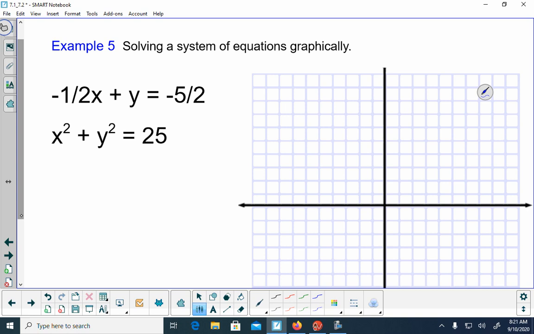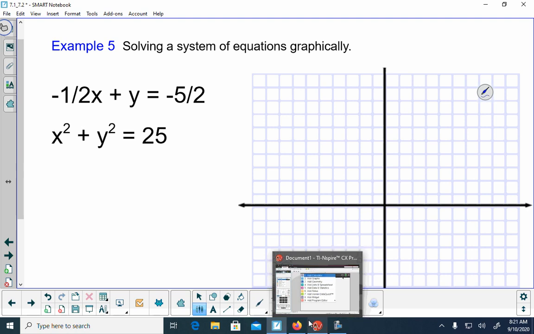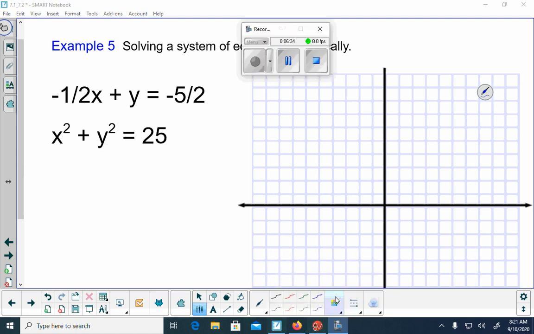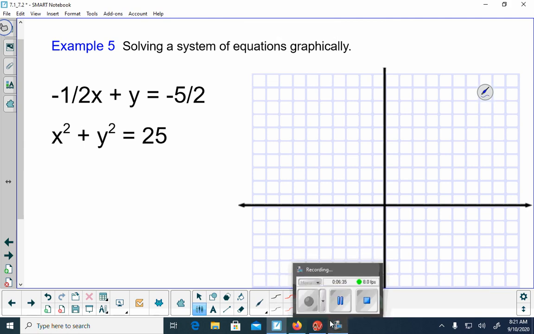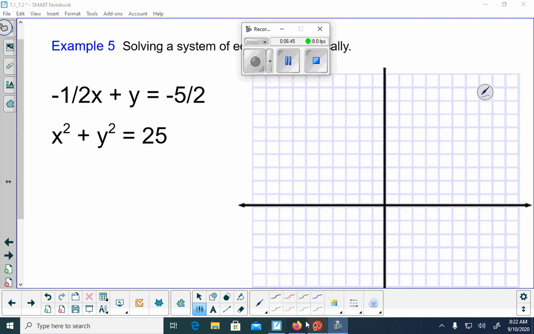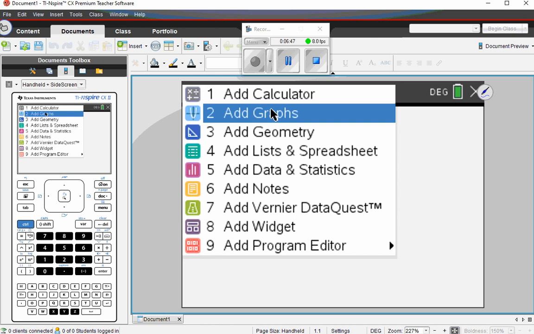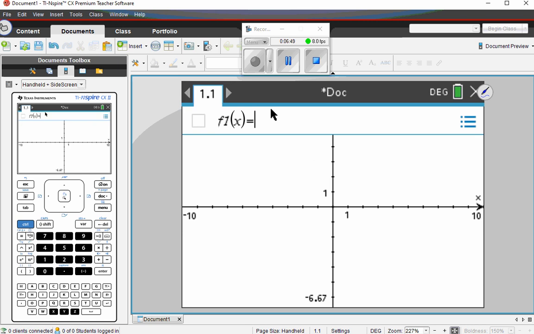Let's go to your calculators to graph this. So you're getting out your calculator, and we're going to graph it a little bit differently than you learned how to graph it in Algebra 1. We're going to use a key called the relation key. So I'm going to add a graphing page, and I am going to plot those two equations.